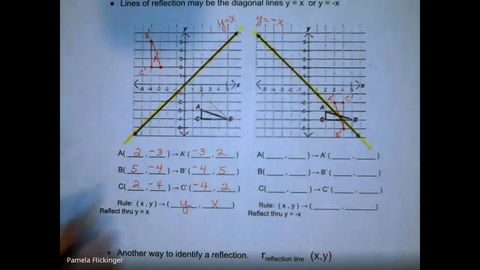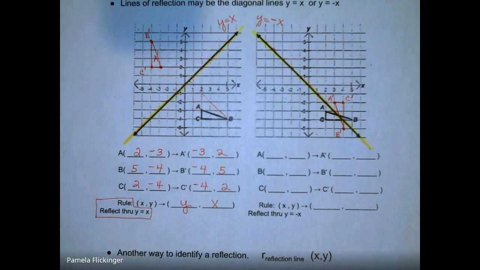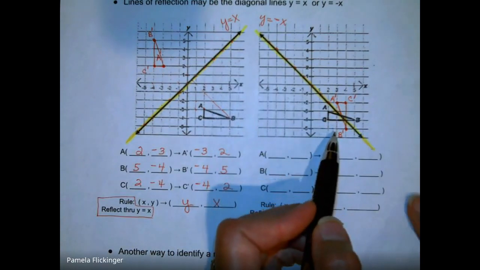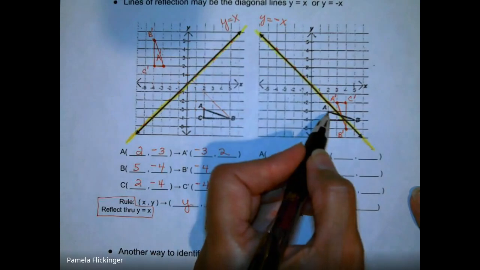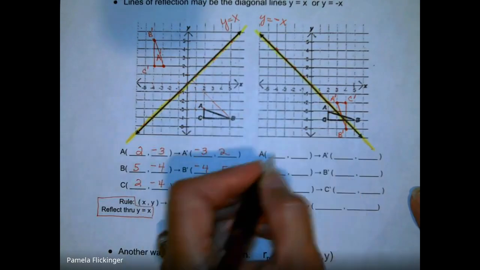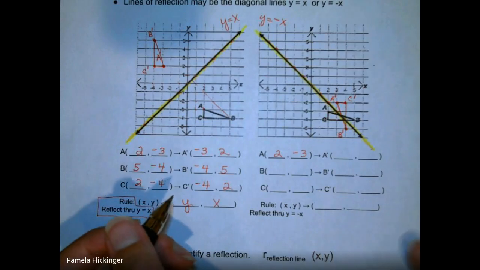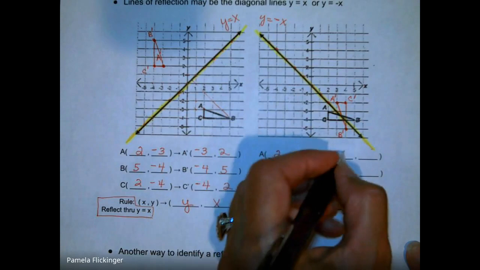So that's the rule through y equals x. All right, let's look at y equals negative x. All right, so point A, again, started as 2, negative 3. But when we went over y equals negative x, it went to 3, negative 2.